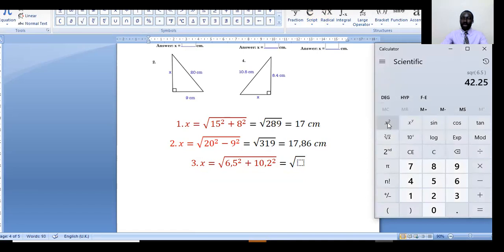Now, to 6.5 squared, we will add 10.2 squared. When we square 10.2 and add it to the square of 6.5, we get 104.04. Now, that's what we put right inside here, 104.04.